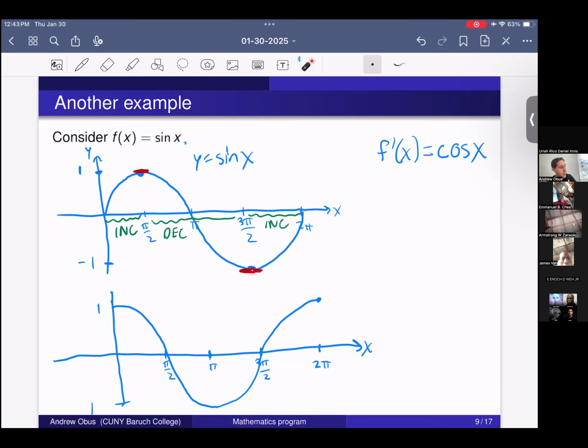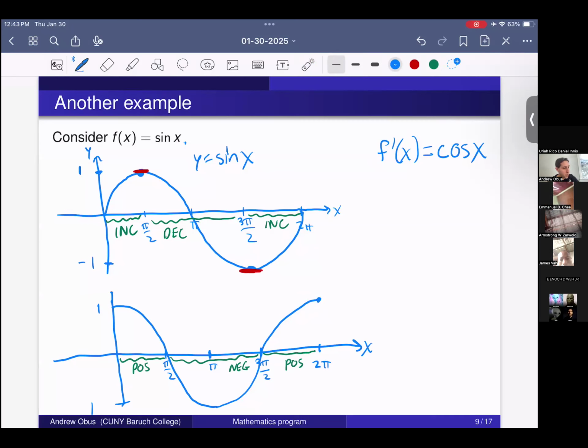And lastly, from 3 pi over 2 up to 2 pi, sine of x is increasing again, so its derivative should be positive, and it is. So I'm going to write here it's positive, here it's negative, and here it's positive.